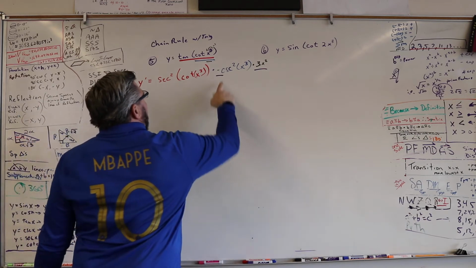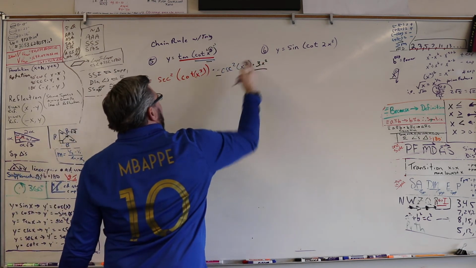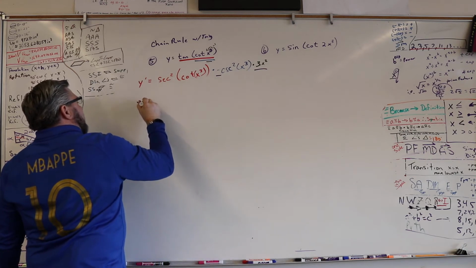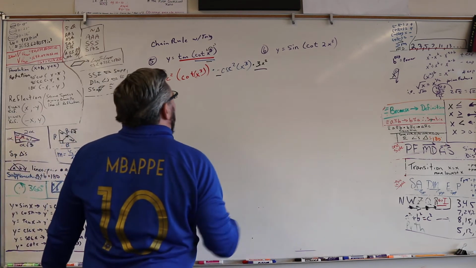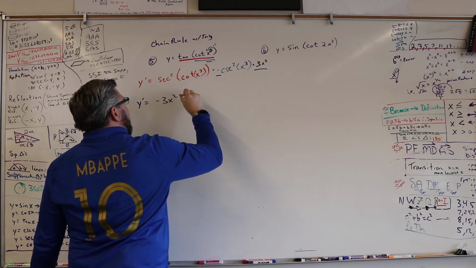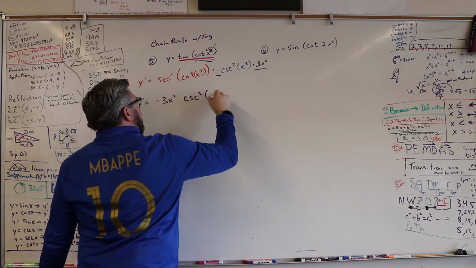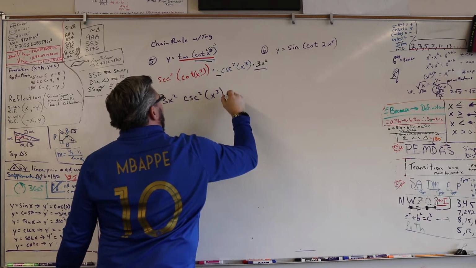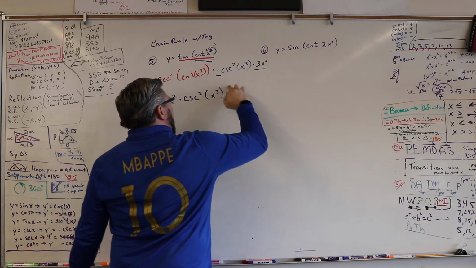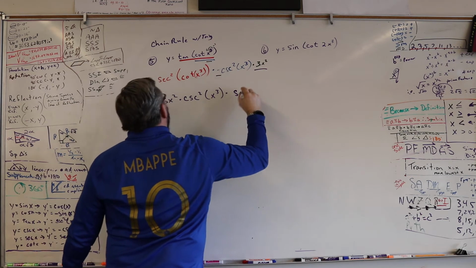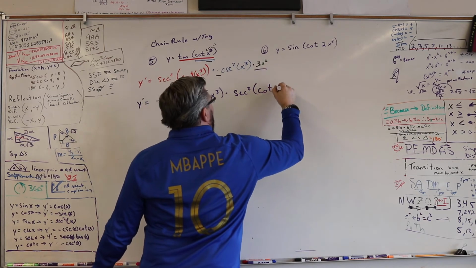And I can take the negative 3x squared and bring it to the front, and then times the cosecant squared of x cubed times the secant squared of cotangent x cubed.